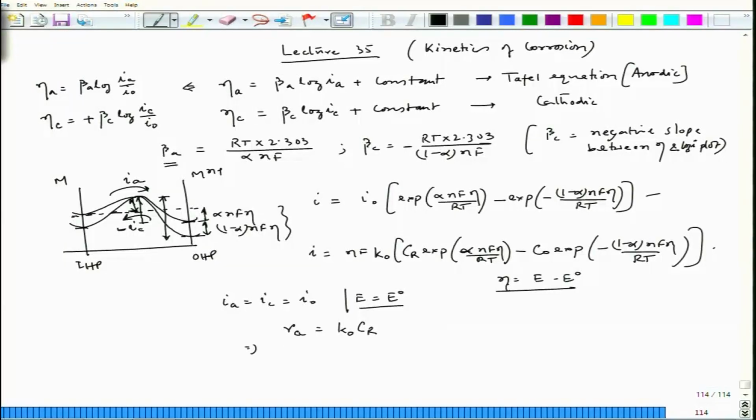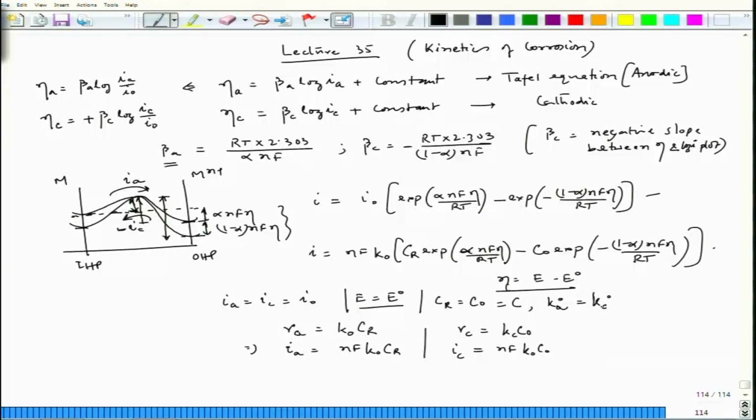Then I can convert this into I A equal to nF K0 Cr, and similarly I can convert R C equal to K C Co, which I can write in this form. In that case we have considered one more condition, which is Cr equal to Co equal to C, and then in that situation K A0 equals K C0.